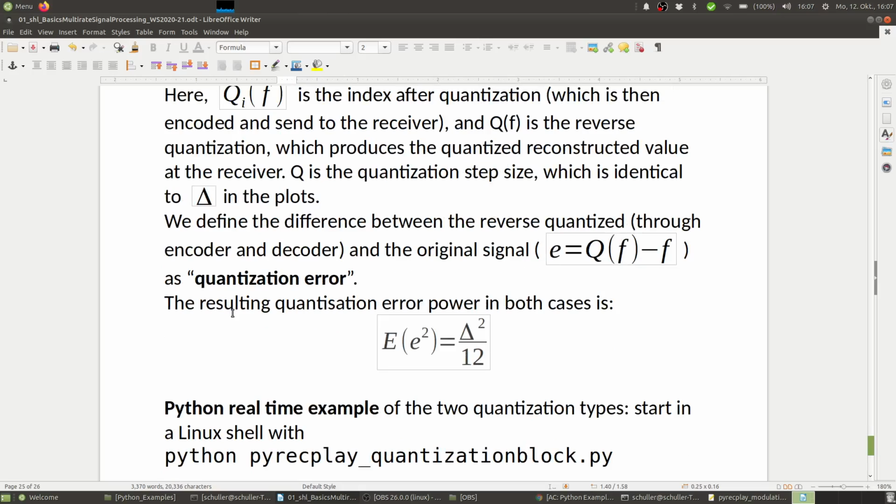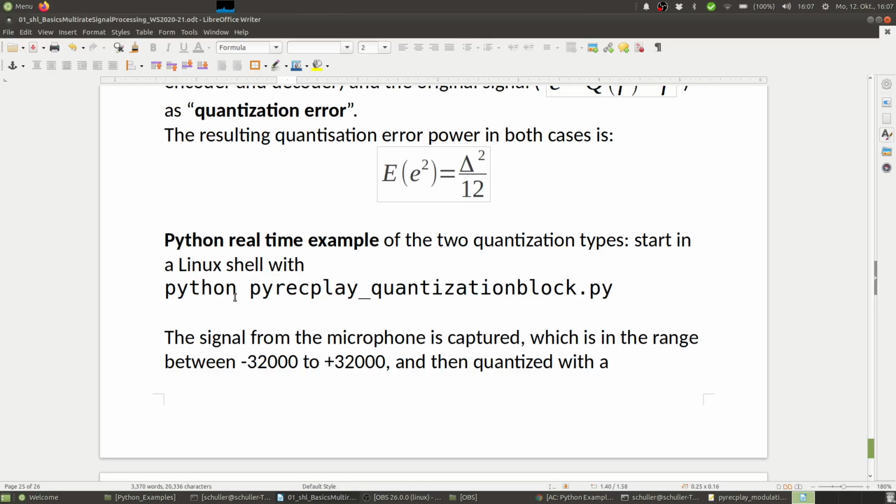And it turns out that the quantization error in both cases, if you have uniform quantization noise, meaning if the signal is much larger than the quantization step size, then you can compute the quantization error power as delta square over 12. So you just need to know the quantization step size, and then you can compute the average quantization error power.